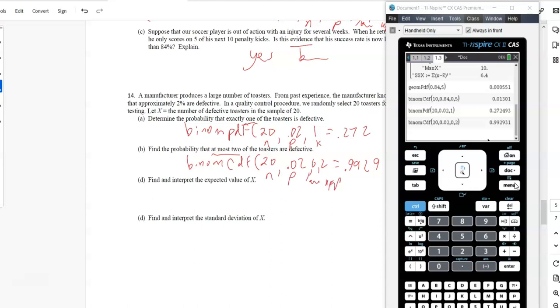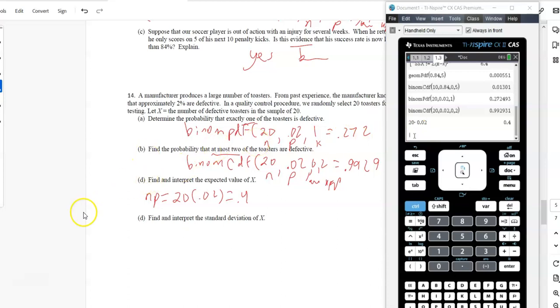Okay. Finally, interpret the expected value of X. So what would the expected value of X be? It's binomial, right? So the formula is NP. N times P would be 20 times 0.02. So 20 times 0.02 is 0.4. Okay, so we need to interpret.